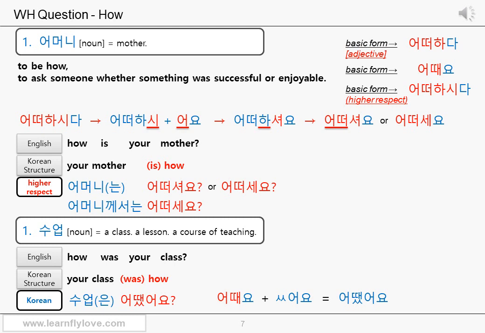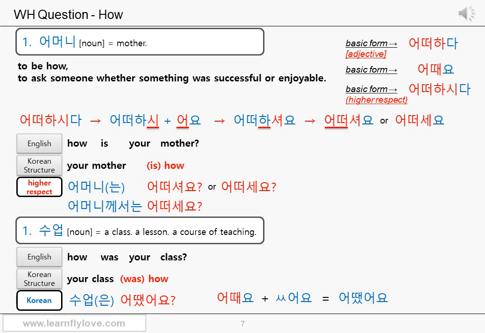Yes, you can add a particle 이 or 은 to change the nuance for a particular purpose. 수업이 어땠어요? 수업은 어땠어요? They are all fine. If you are not sure about the usage, just get rid of the particle and say 수업 어땠어요? How was the class?